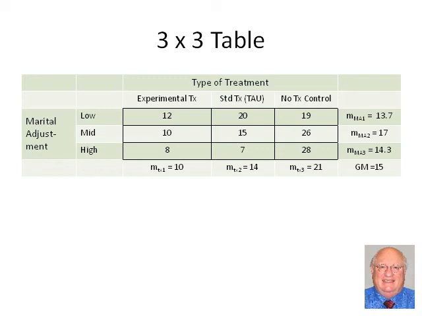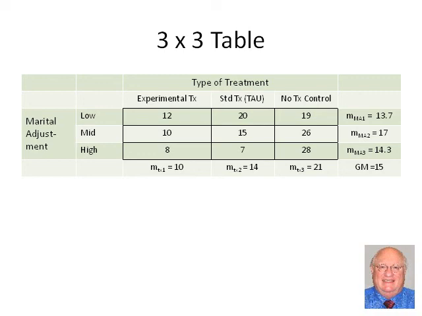Similarly, the marginal mean 14.3 is the mean BDI for participants with high levels of marital adjustment combined across all levels of treatment, or it is the effect of marital adjustment that is not affected by the type of treatment that the participants receive. Thus, the marginal means consider the effect of one independent variable only on the dependent variable.